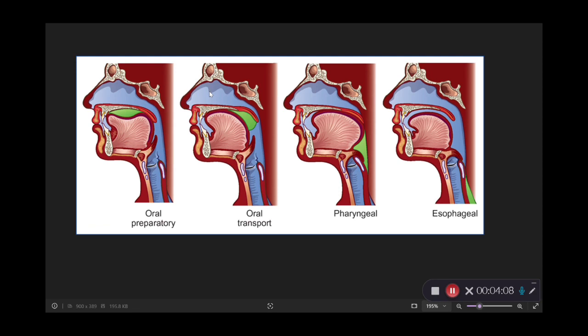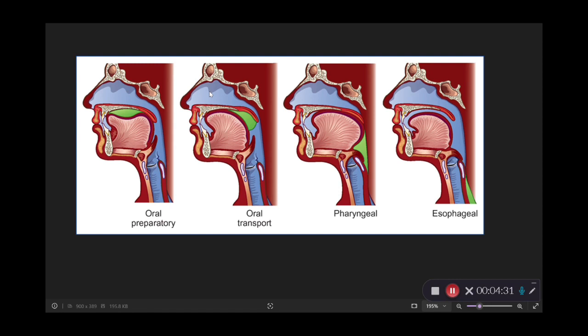And so the top of our esophagus is going to relax, which allows the bolus to enter it and to slowly start going down. Then our last step is the esophageal step, which is the fourth picture in this image.